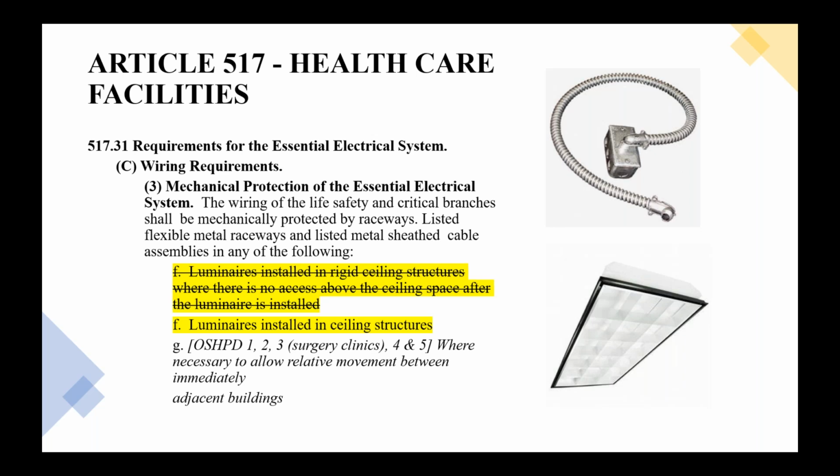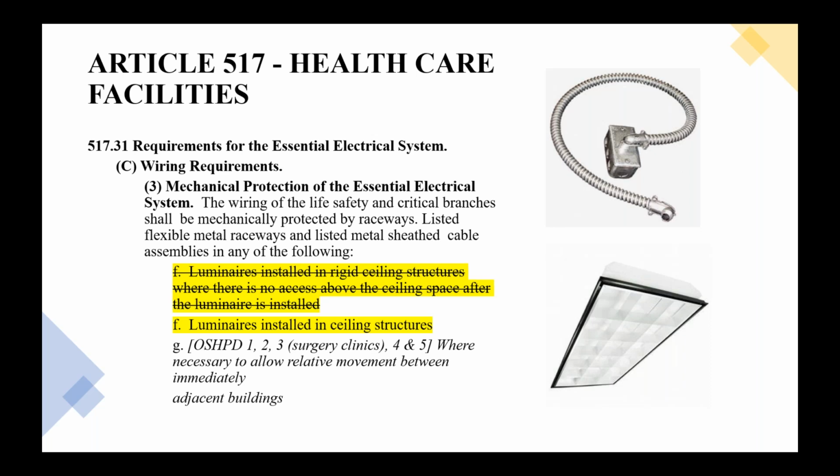So essentially, what this is saying is that for our life safety and critical branch lighting circuits, the 6-foot whips for our fixtures, whether it's a lay-in ceiling, hard ceiling, no matter what kind of construction, is acceptable.